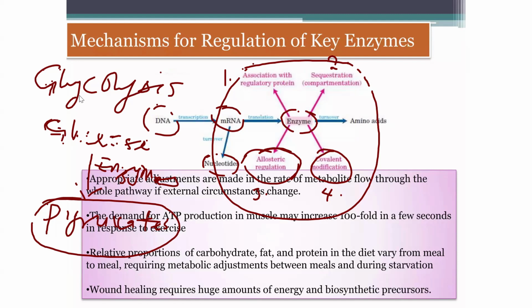You can also increase the rate of a metabolic pathway by increasing the concentration of the enzymes. For example, in glycolysis, if you increase the concentration of hexokinase or phosphofructokinase 1, it means that definitely the rate of metabolism will increase. So these are the mechanisms for regulation of key enzymes.